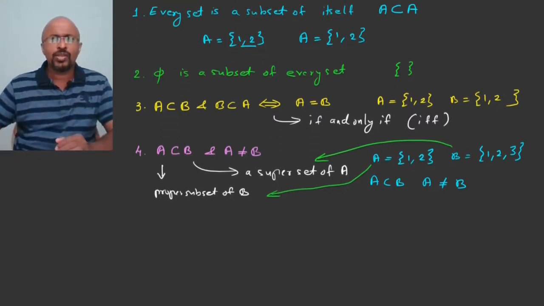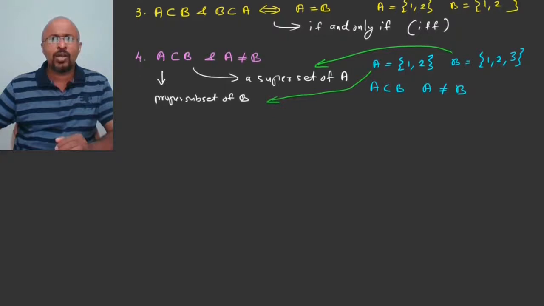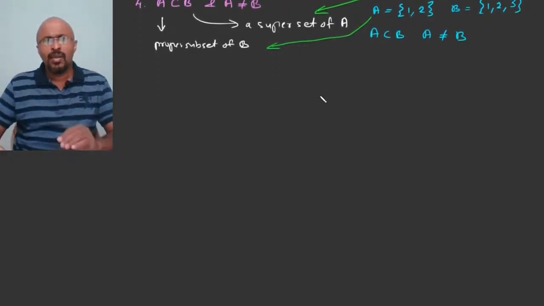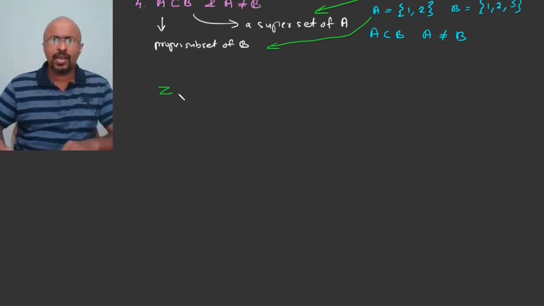Now we are going to study the relation among common sets in mathematics. We already studied these common sets and their mathematical notations in our previous video. If you are not familiar with that, please watch that video. The common sets we studied are integers, natural numbers, rational numbers, irrational numbers and real numbers.